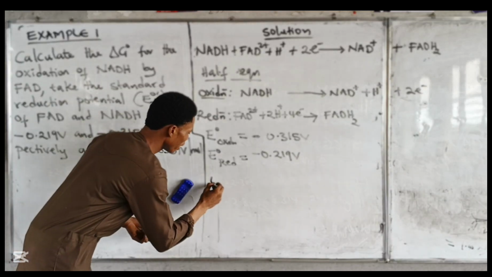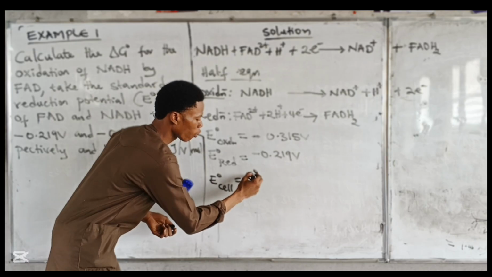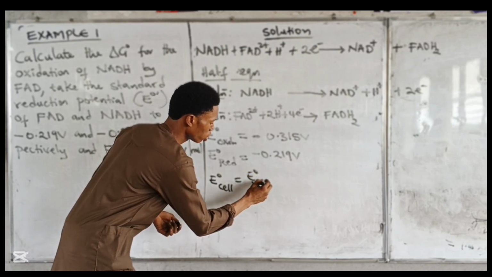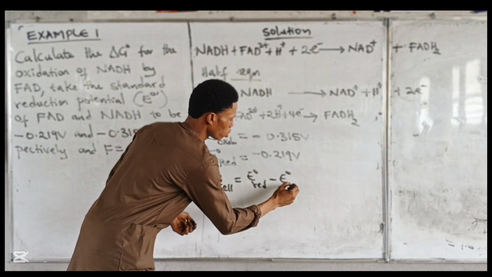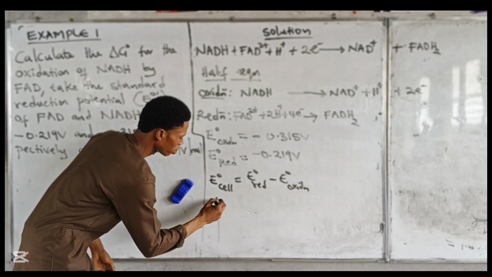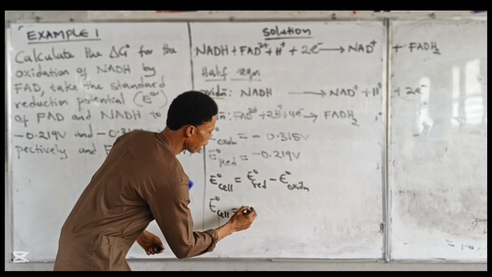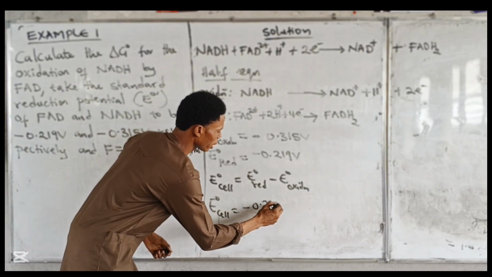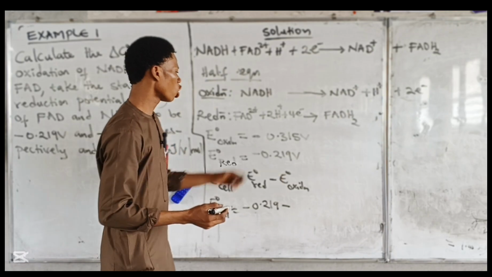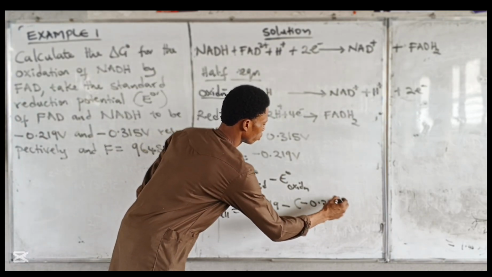Now, from this, we can go on to calculate E0 cell. The E0 cell is given as what? E0 for reduction minus E0 for oxidation. So E0 cell will be equal to E0 for reduction, minus 0.219, minus E0 for oxidation, minus 0.315.